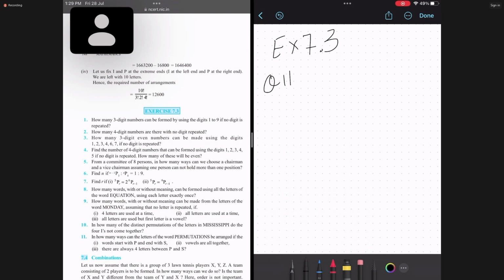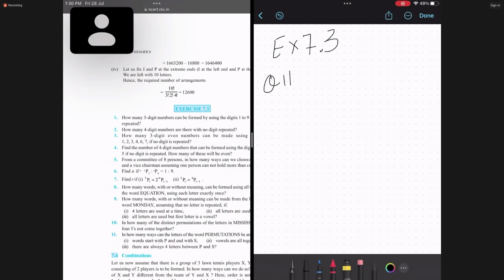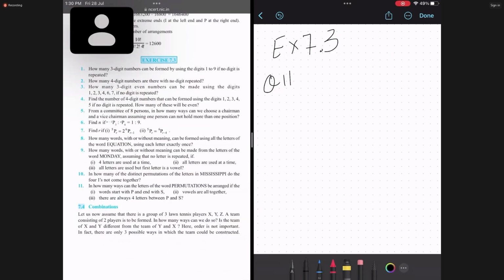In how many ways can the letters of the word permutations be arranged if the word starts with P and ends with S, vowels are all together, and there are 4 letters between P and S? So the first part of the question is, first we need to calculate how many letters are there in the word permutations.